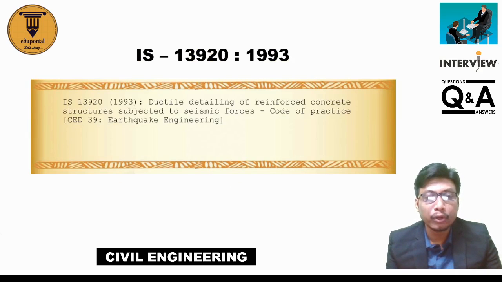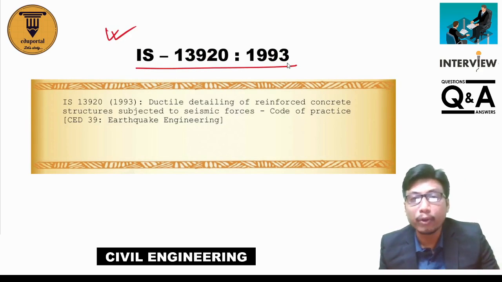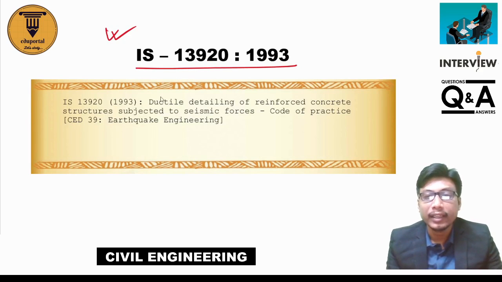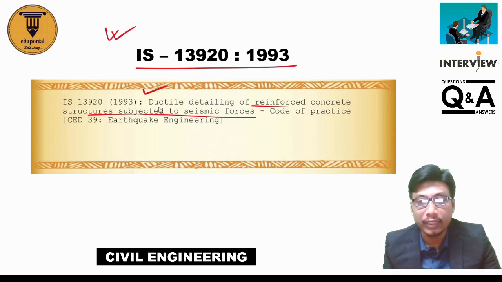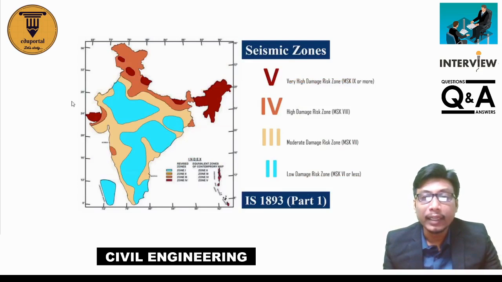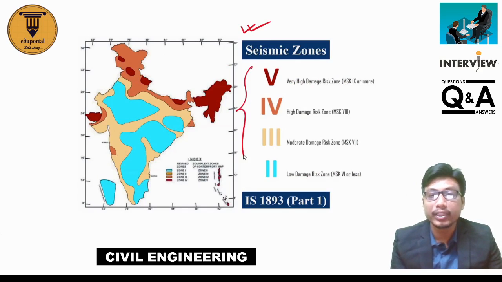First, they will ask about the code for ductile detailing, that is IS 13920, the ductile detailing of reinforced concrete structures subjected to seismic forces. So the name of the code is the first thing they ask about ductile detailing, and then the question comes about the seismic zones. How many seismic zones are there? There are 4 zones.